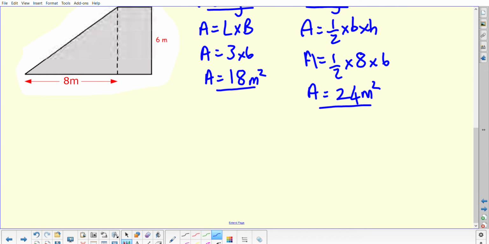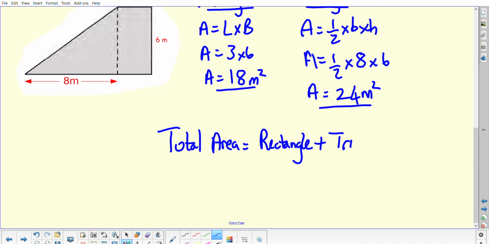But of course it's the total area we want, so total area is found by adding these two things together. So it's your rectangle plus the triangle, and you're simply adding together those two numbers, your 18 plus the 24, which would give you 42 square metres.